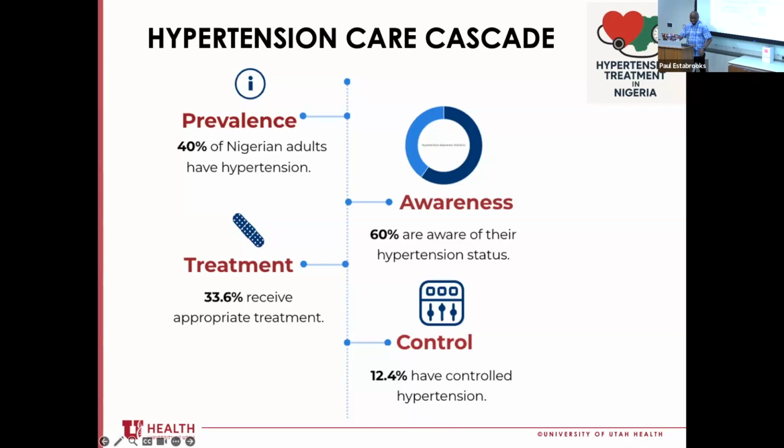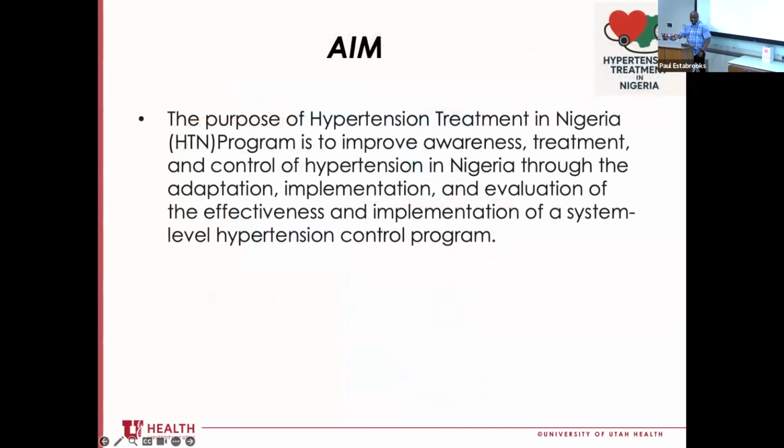We call that the hypertension care cascade, and that is what we want to fill. So the aim or the purpose of HTN is to improve hypertension awareness, treatment, and control in Nigeria through the adaptation, implementation, and evaluation of the effectiveness and implementation of a system-level hypertension control program. So that's what we did.